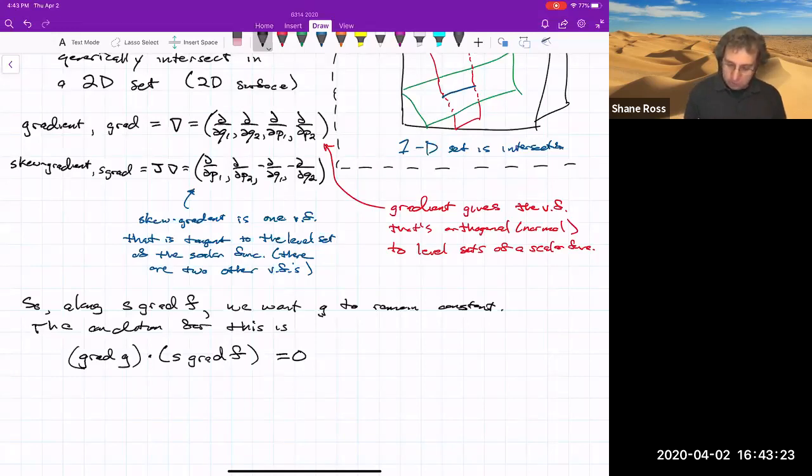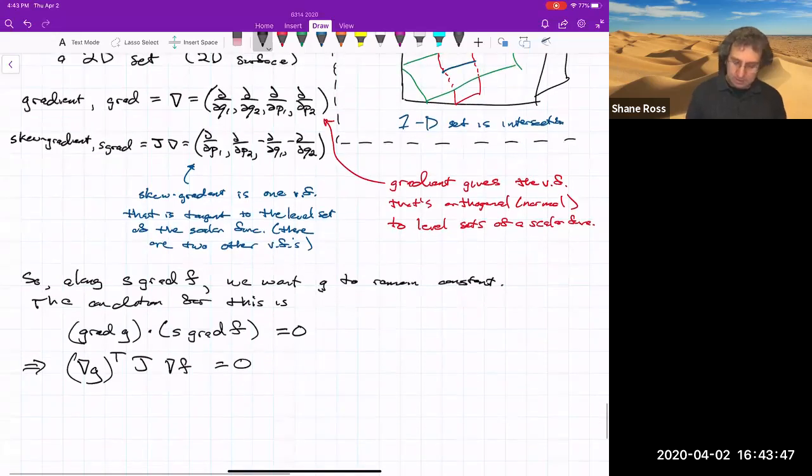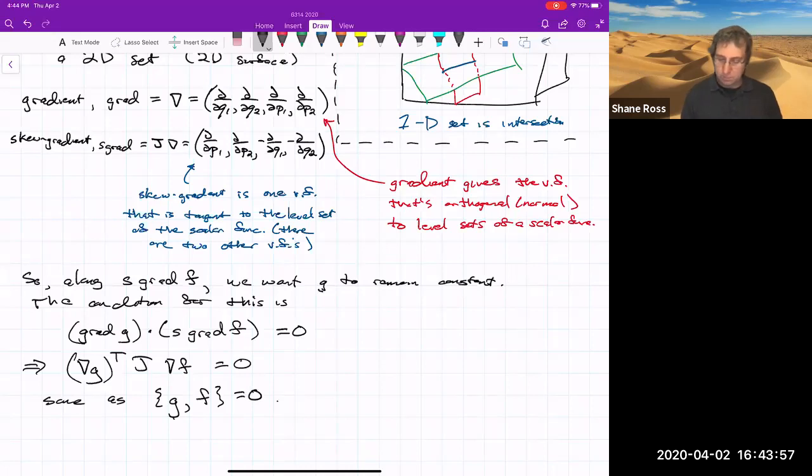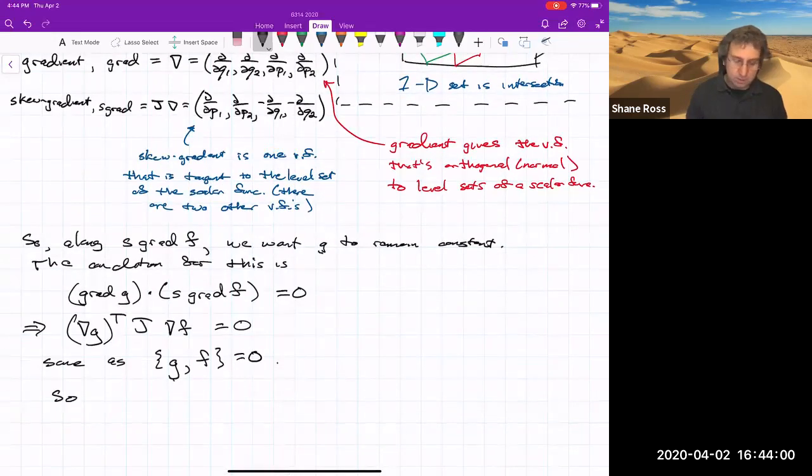But what's another way of writing this? Well, grad G is just grad G. This is a dot product, so grad G transpose times J grad F. Sorry, let me do the nabla notation: nabla G transpose J nabla F equals 0. We're just rewriting it. This is the same as saying the Poisson bracket of G with F equals 0. What is the punchline?